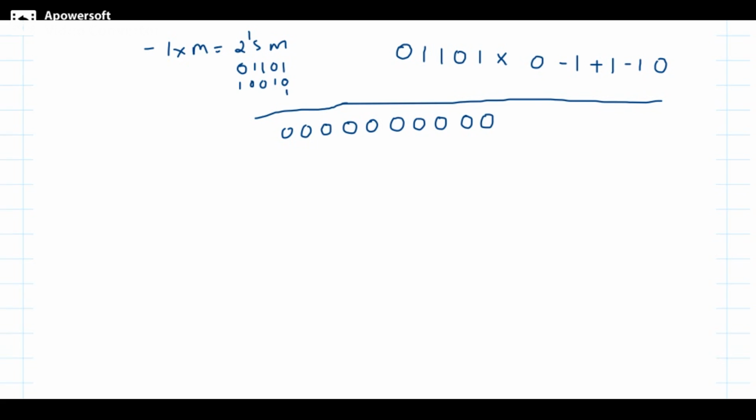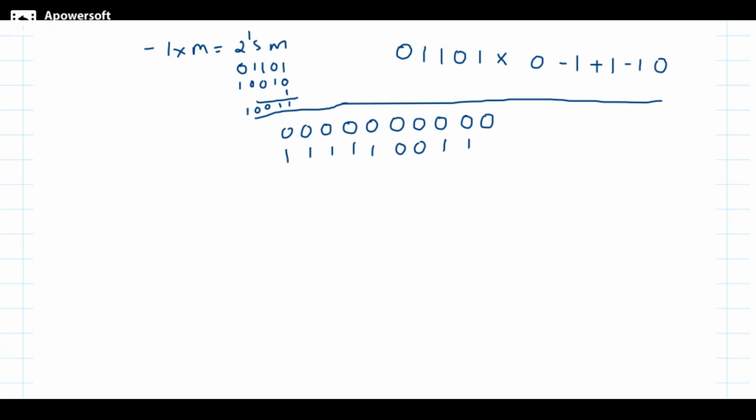So we'll get the value as 1, 0, 0, 1, 1. So that is nothing but 2's complement of m. So minus 1 into m means I have to write 2's complement of m, and the sign extension is negative, that is 1.